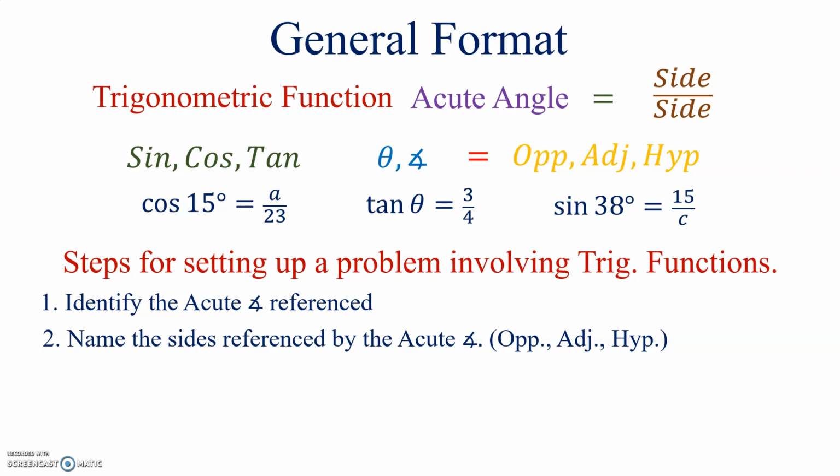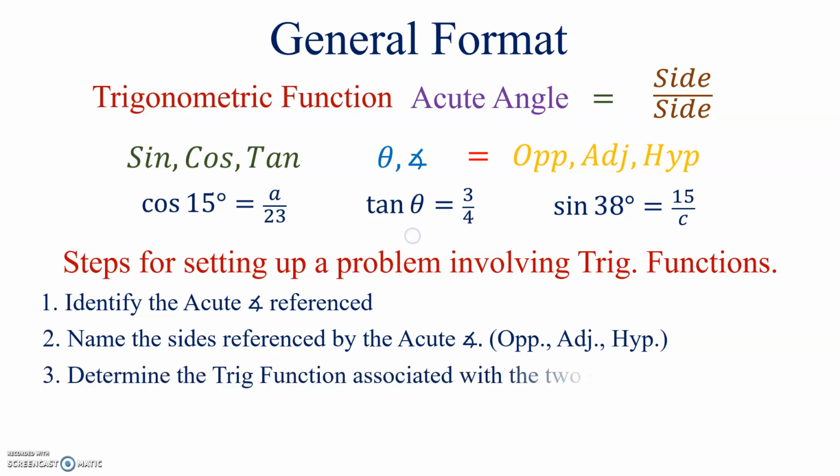The possible sides will obviously be either opposite, adjacent, or the hypotenuse. Next thing, now that we have two sides, we can then start to narrow down the possible trigonometric function. The trigonometric function we use will be associated with the two sides that came from step 2.